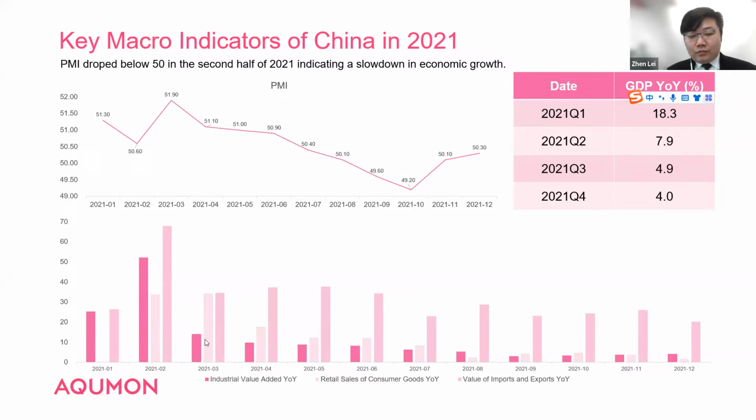We can see the year-on-year growth, and those two components kept a low growth in the second half of 2021. And the most important driver of China's economic growth was foreign trade, and we can see that foreign trade remained stable and slowed down a little bit in December.